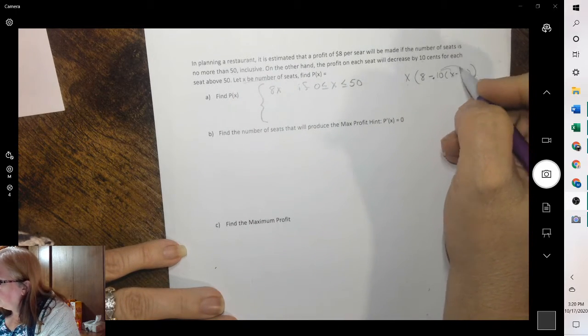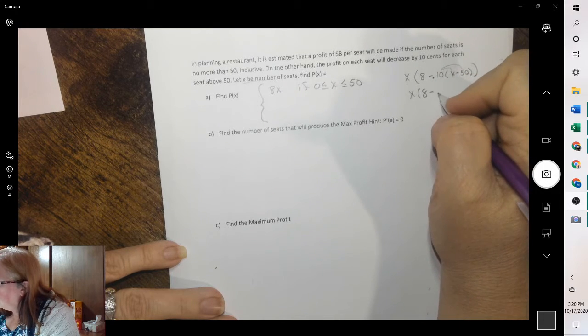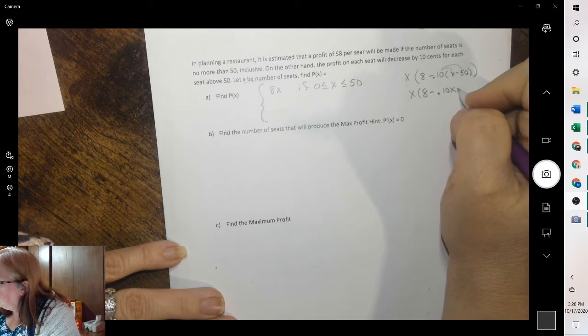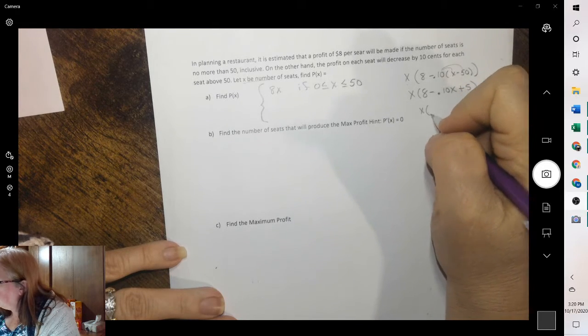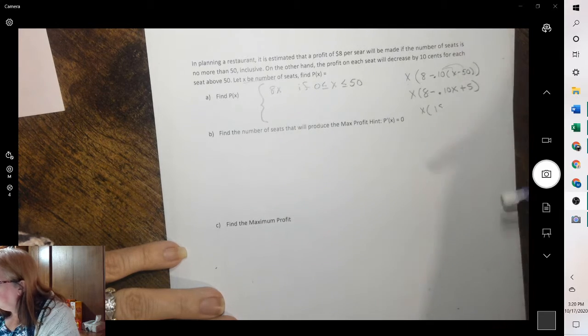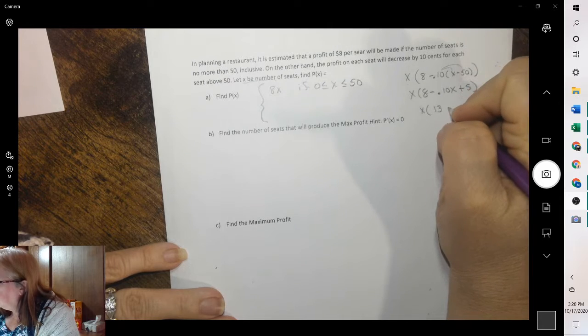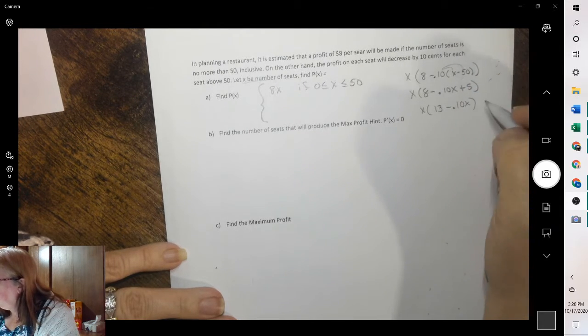So distribute our 10 cents. Eight and 5 is 13, minus the 10 cents x, and then distribute the x.